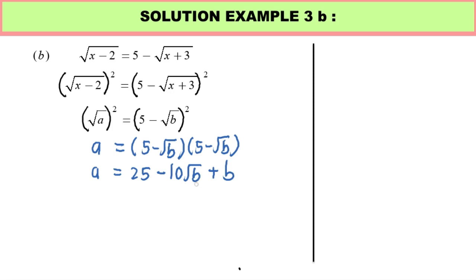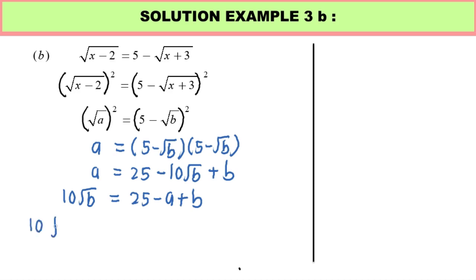Again, isolate the surd at one side. Then bring a to the right hand side. Then put back the substitution for a and b.